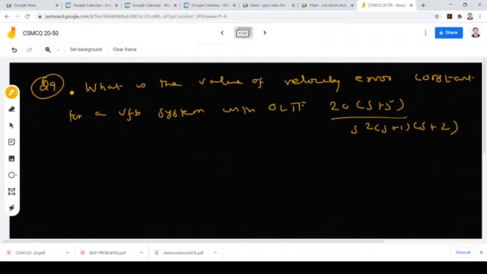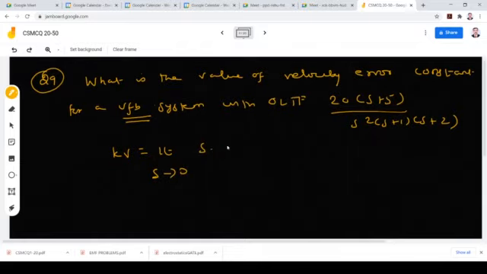Next one, what is the value of velocity error constant Kv for a unity feedback system, so H(s) equal to 1, with the open loop transfer function 20 into (s plus 5) divided by s squared into (s plus 1) into (s plus 2)? Kv is given by limit s tends to 0, s into G(s) into H(s).